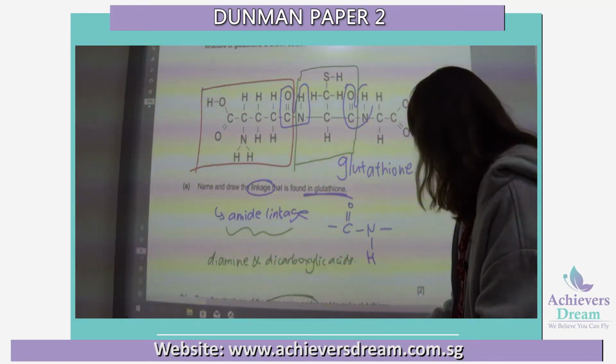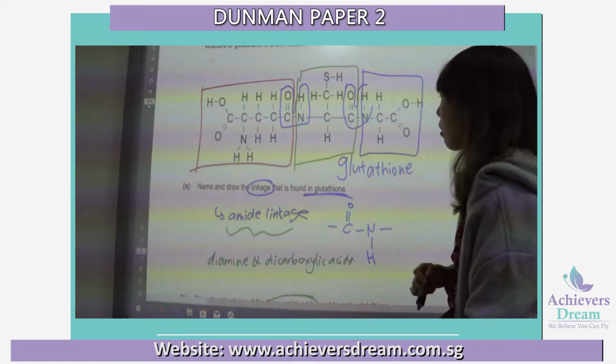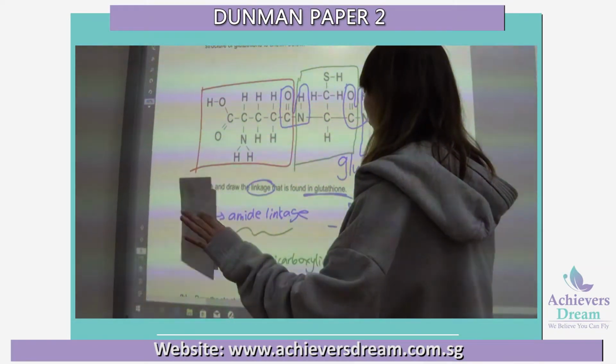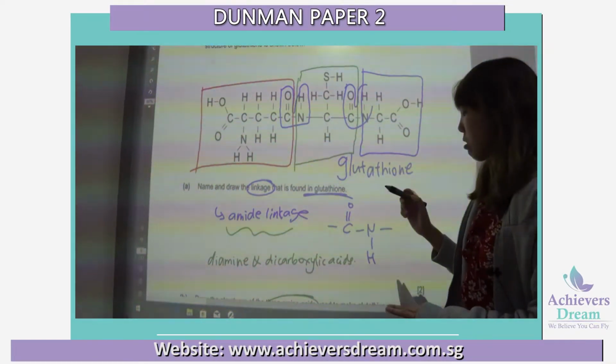The third one would be this stretch. So these 3 monomers, when they react together, undergo condensation polymerization to form your amide linkages.